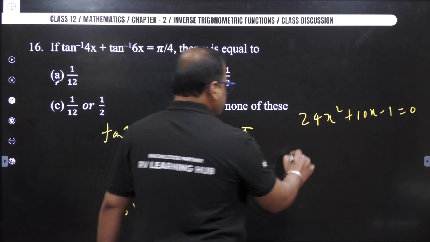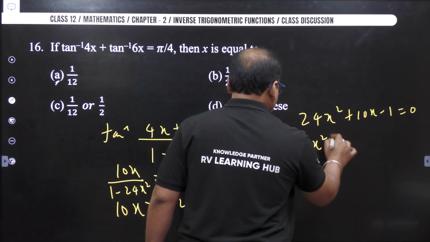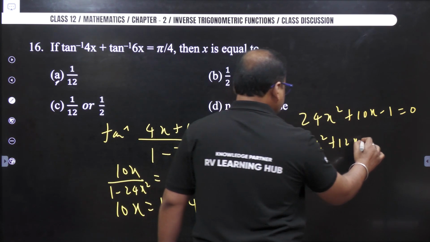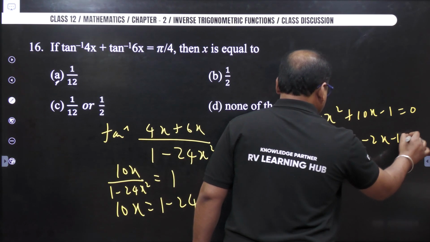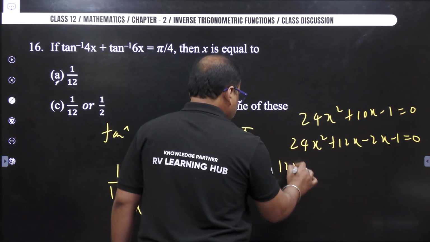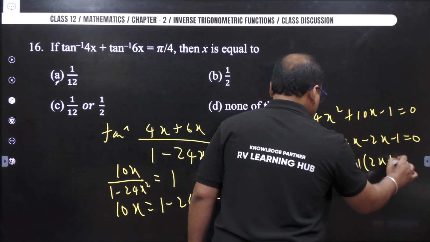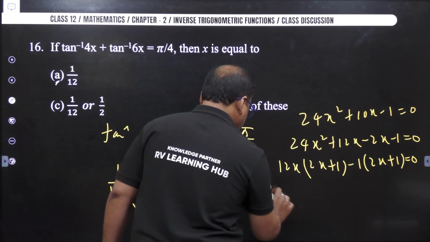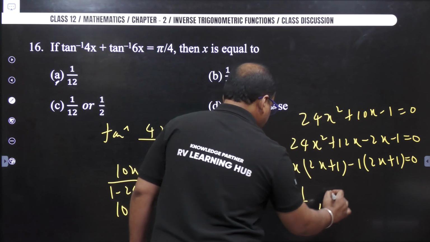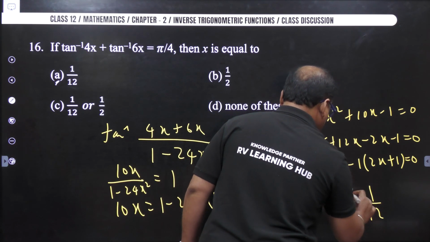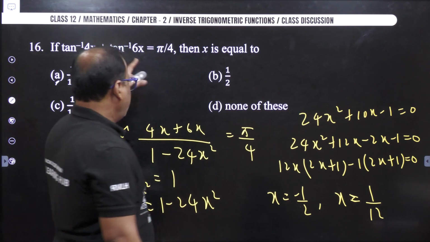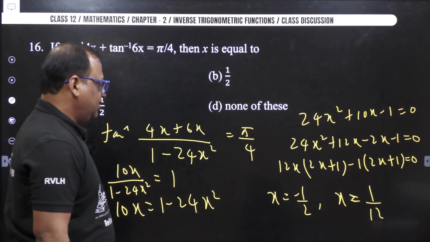So what will be the factors? 12x minus 2x. So I'm getting the values as x equal to minus 1 by 2 and x equal to 1 by 12. Because everything is added and getting the positive value, I can't take the negative value.